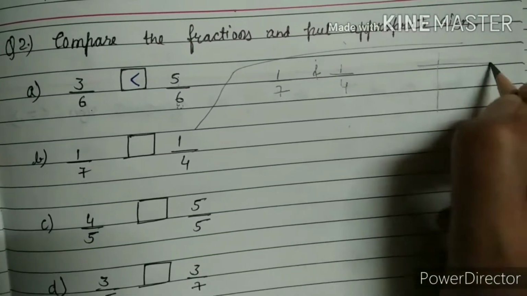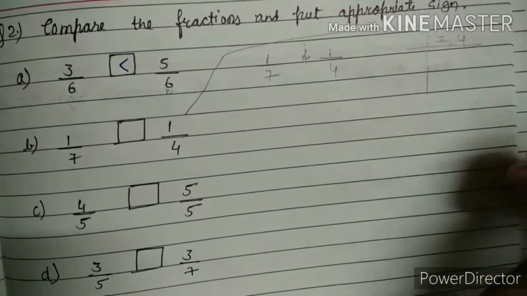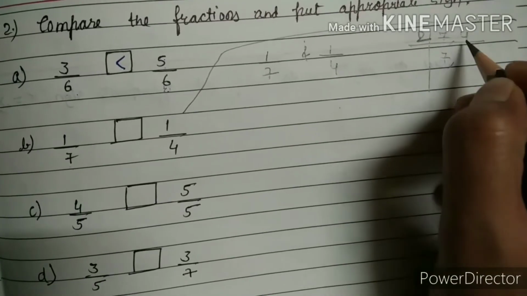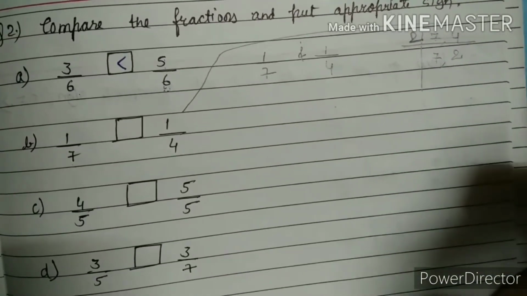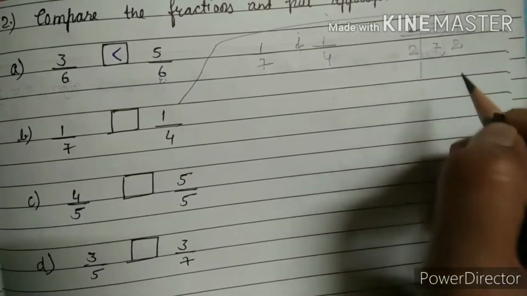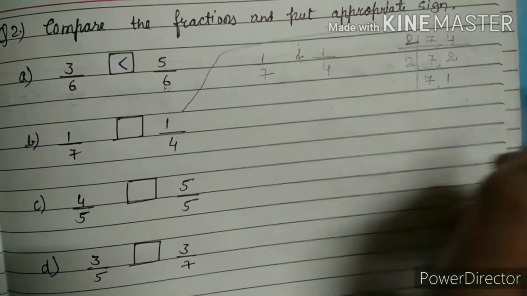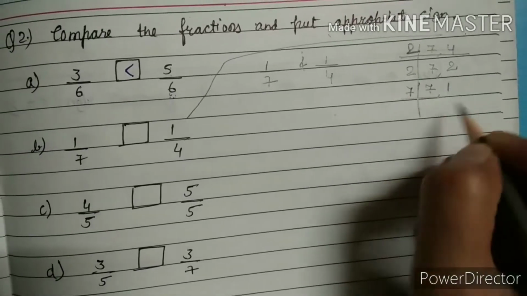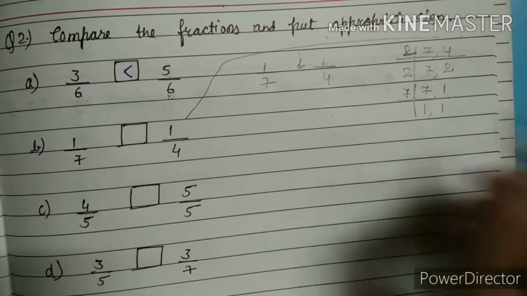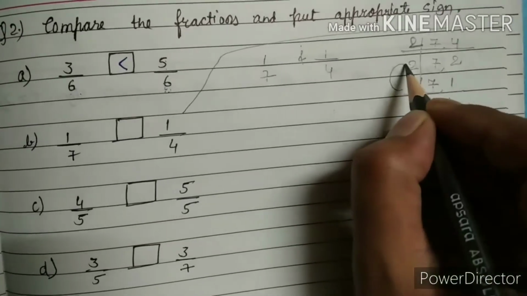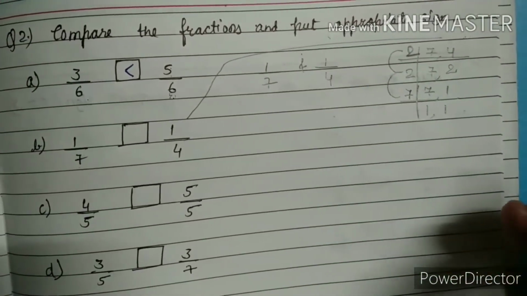When we take the LCM of 7 and 4, firstly it will go with the table of 2. 7 as it is, 4 will go 2 times. Again it will go with the table of 2. 7 as it is, 2 will go 1 time. And lastly it will go with the table of 7, 1 and 1. So 7 2s are 14 and 14 2s are 28.